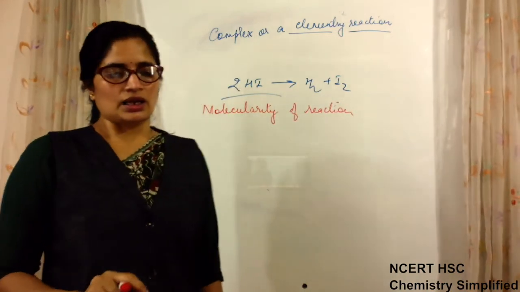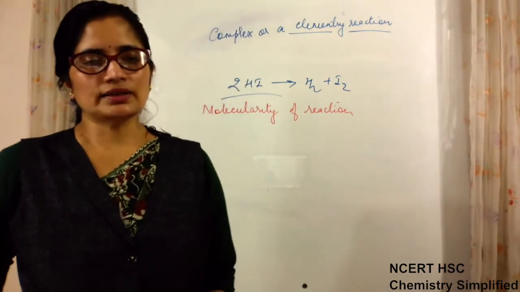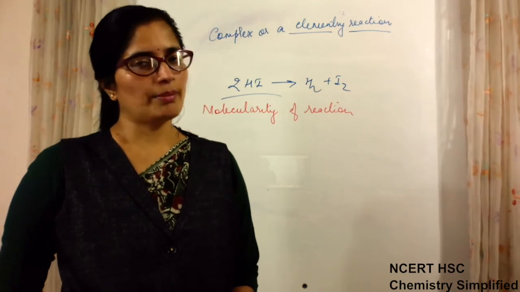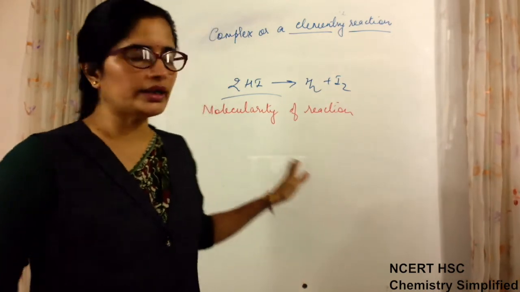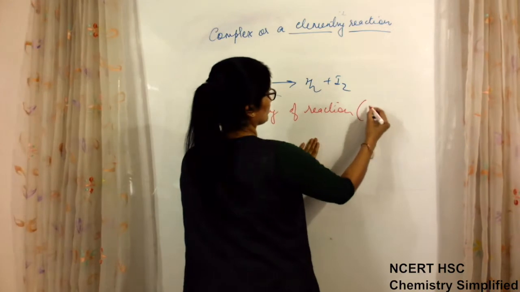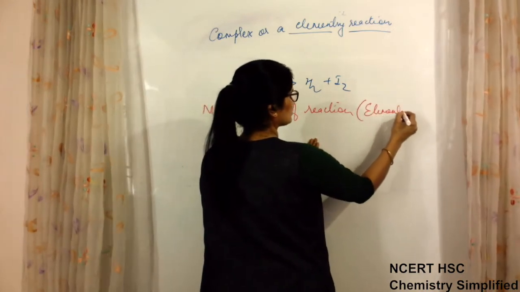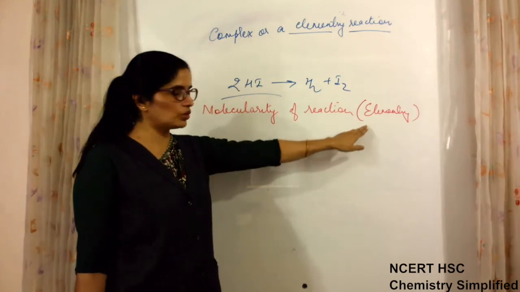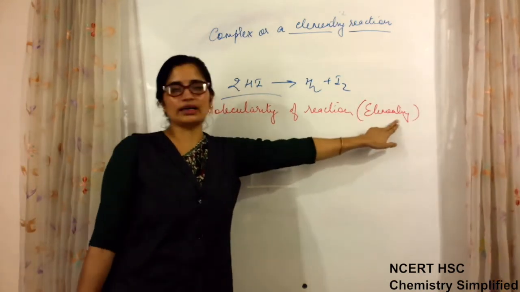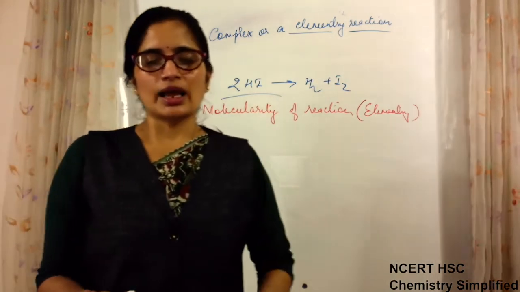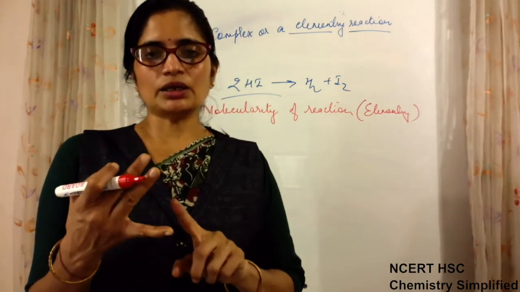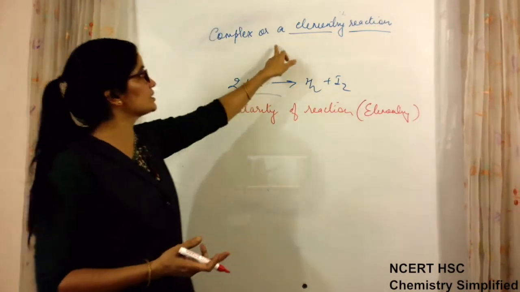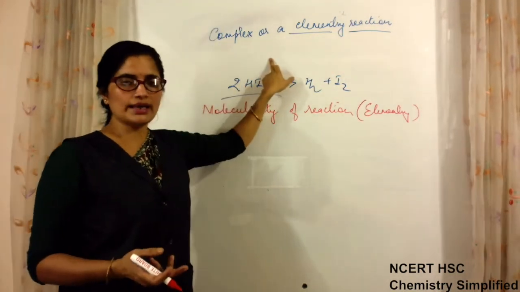Just opposite to order of reaction, as order of reaction cannot be determined with the help of a balanced chemical equation, molecularity of a reaction is for elementary reactions. For a complex reaction, molecularity has no meaning. Molecularity of a reaction can be 1, 2 or 3, because I told you that if more than 3 are combining, that reaction is not elementary, that is a complex reaction.